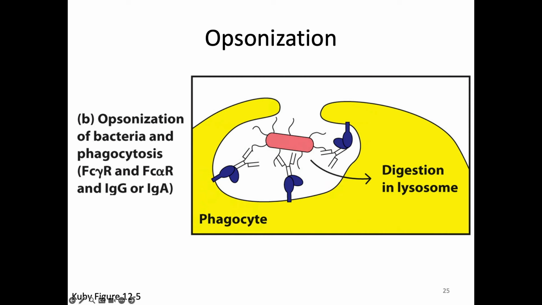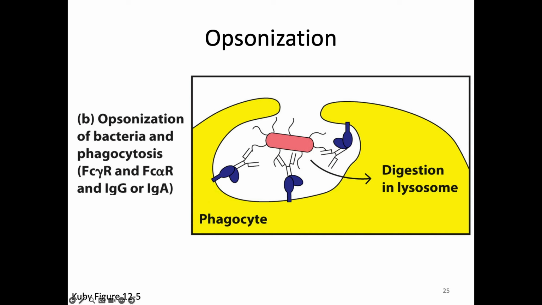And that second one is opsonization. So you have heard of opsonization when we talked about complement as well. At that point, you heard about how complement can do this thing called opsonization.